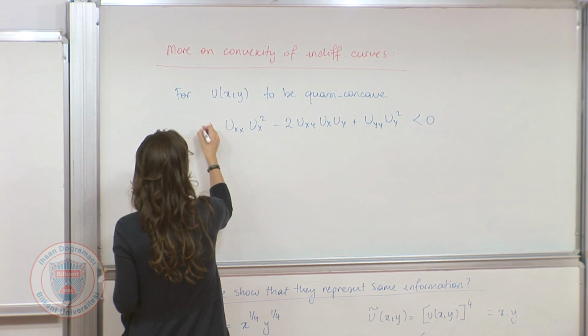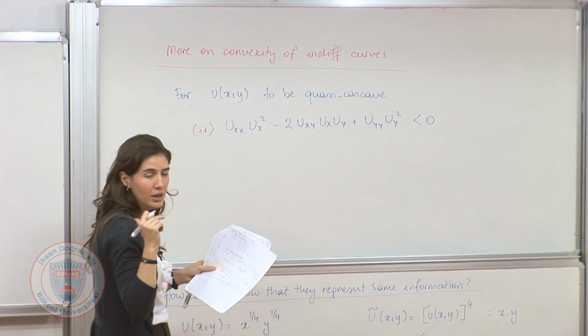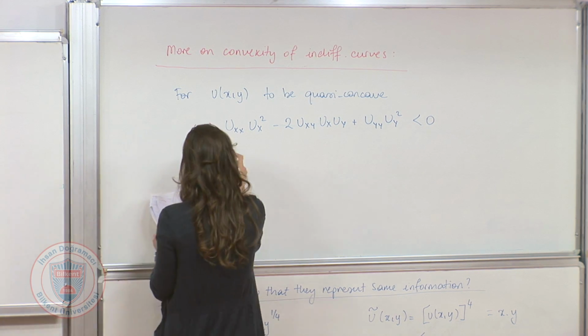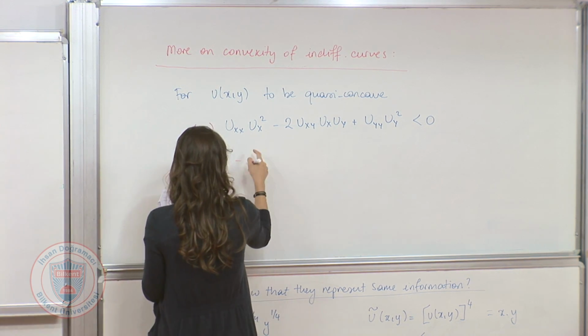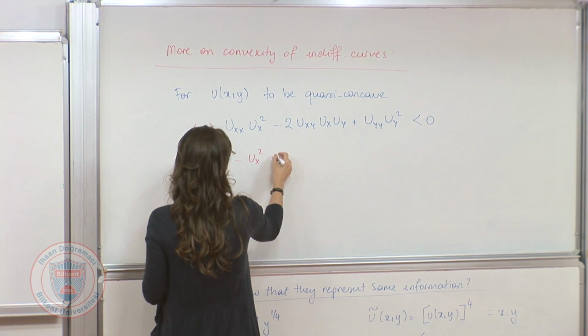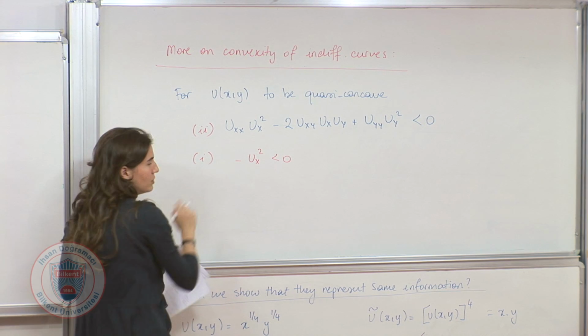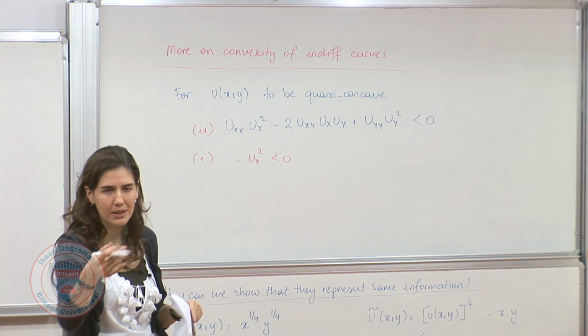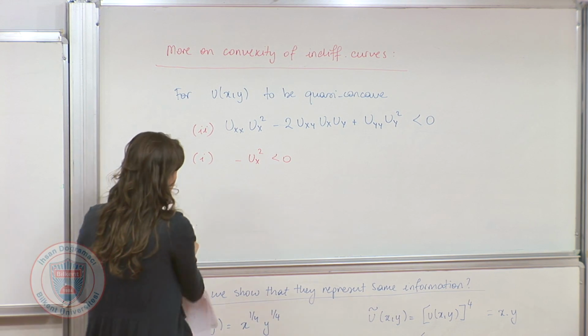This is the one that is given in your book. But there should be another condition, which is u of x squared should be negative. This is additional, it should be there. Your book skipped it, but it's actually for a reason.